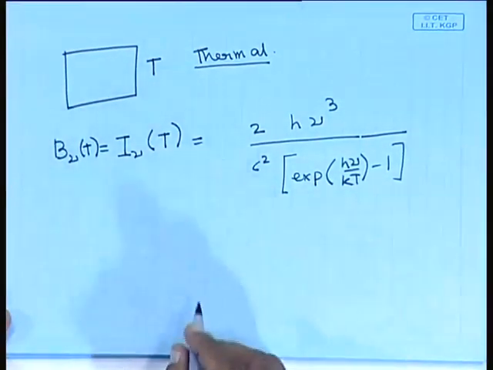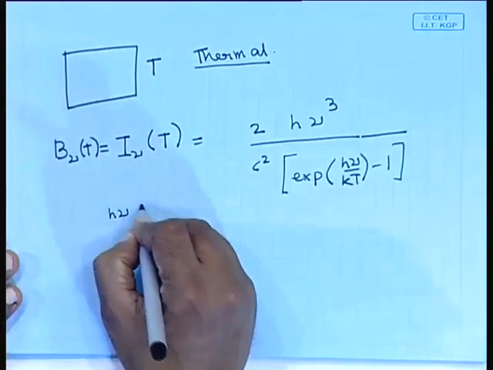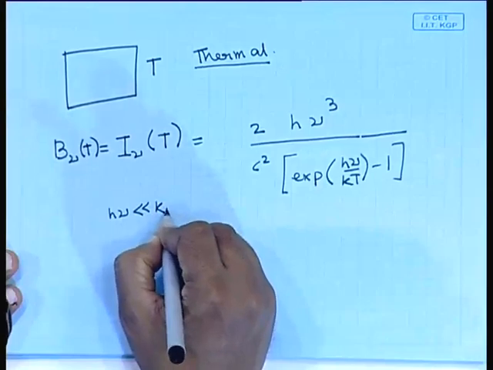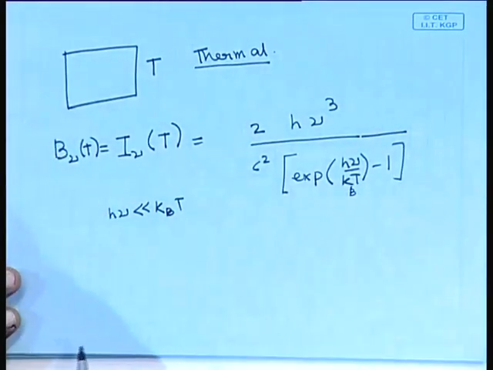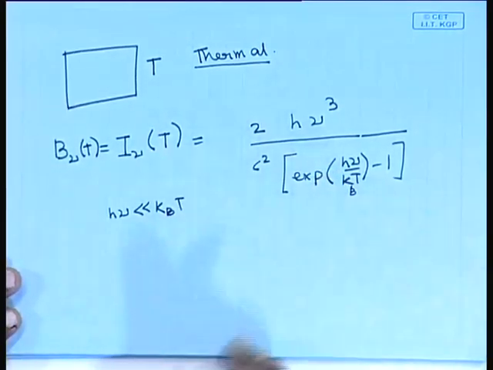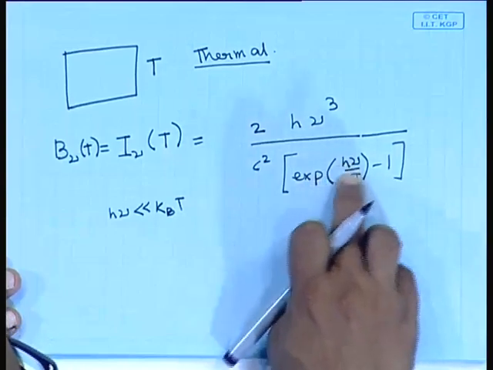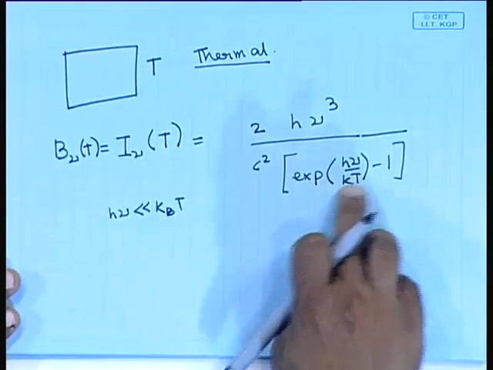Now, often it is of interest to study a situation where h nu is much smaller than kBT, where kB is the Boltzmann constant. The frequency is much smaller than this. In that limit we can expand the exponential as 1 plus h nu by kT, and then I have minus 1.